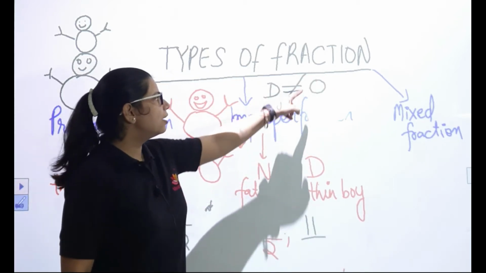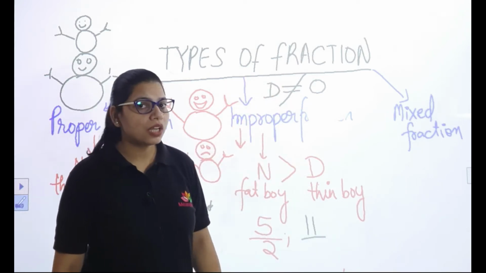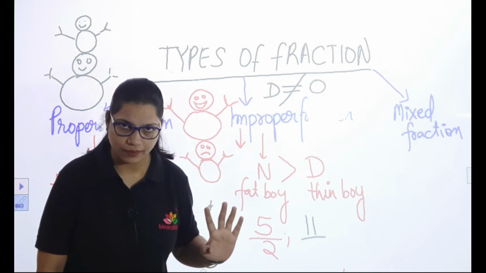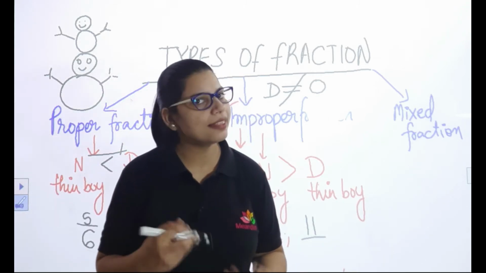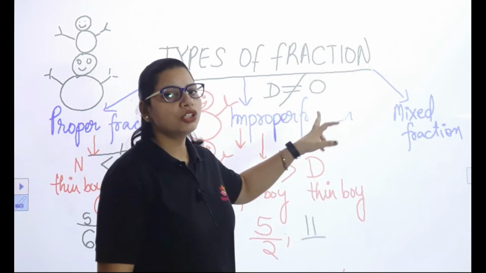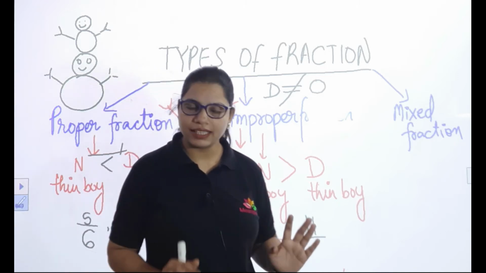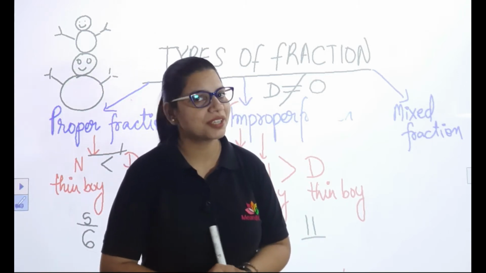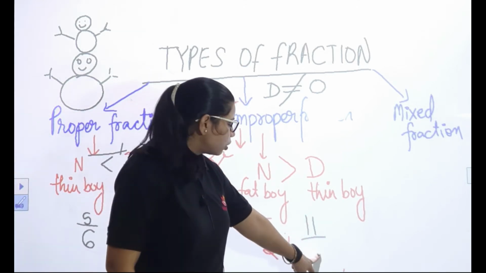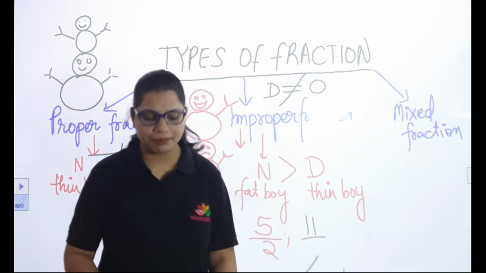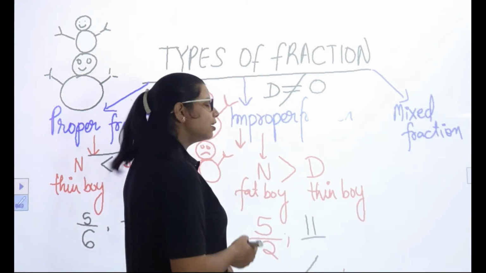This slanting line over the equal sign shows not equal. If we cut the equal sign, it means not equal. So the denominator is not equal to 0 always when we write a fraction. At the time of writing a fraction, we cannot make the denominator 0. So kids, it's 11. What could be the denominator here? The denominator can be 10, 9, 8, 7, 6, 5, 4, 3, 2, 1.